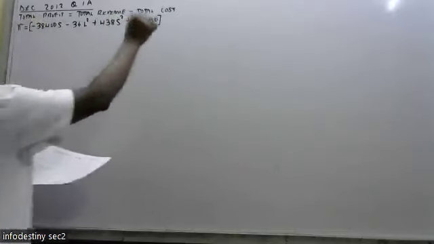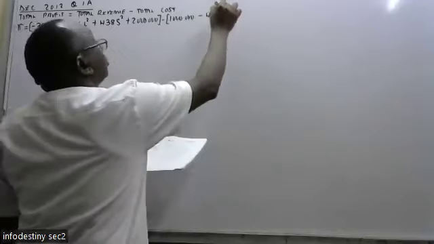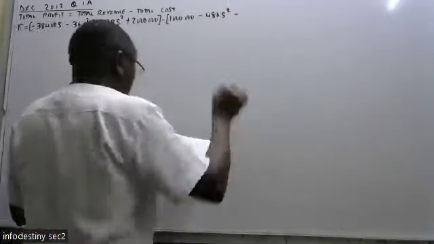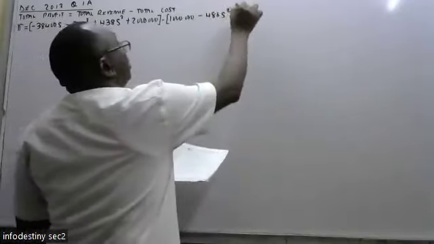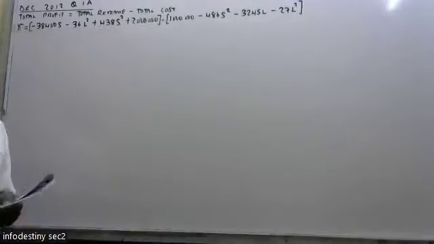Now that is the total revenue. So the total cost is 1 million minus 486 S square minus 324 SL minus 27 L square.